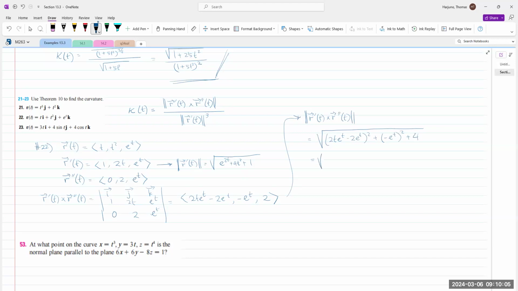That will be 4t squared e to the 2t minus 4t e to the 2t plus 4 e to the 2t plus e to the 2t plus 4. Oh wow, that's really ugly, huh?